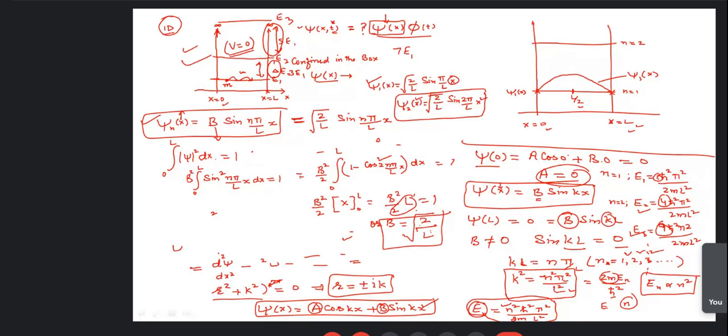It varies with x. So you can see, this is my point 0, x is 0 here, this is L by 2, this is L, and I can write this as L by 4, and this is 3L by 4. I have divided this into 4 quarters.